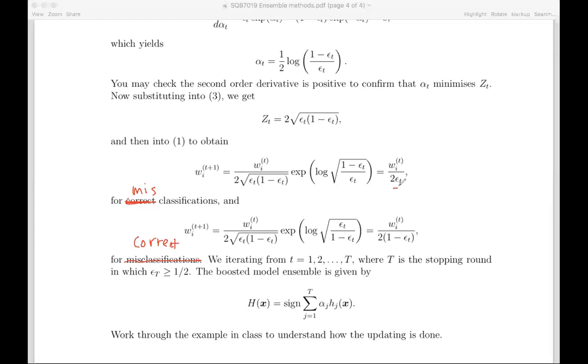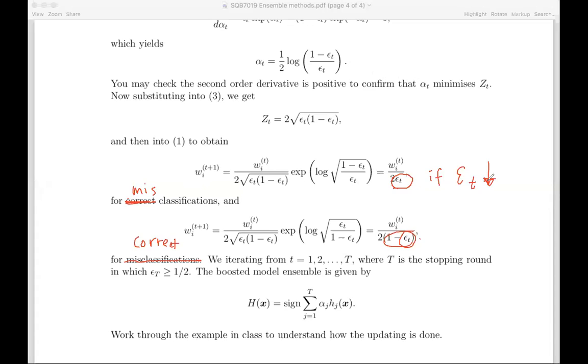So what is happening here in the denominator? You can see that if your error rate is actually small, all right?